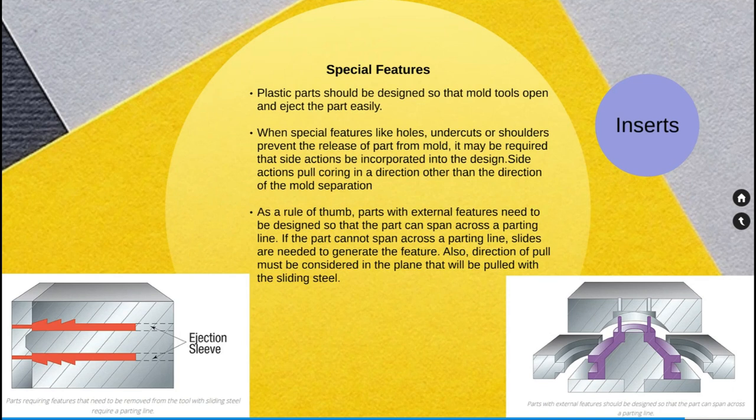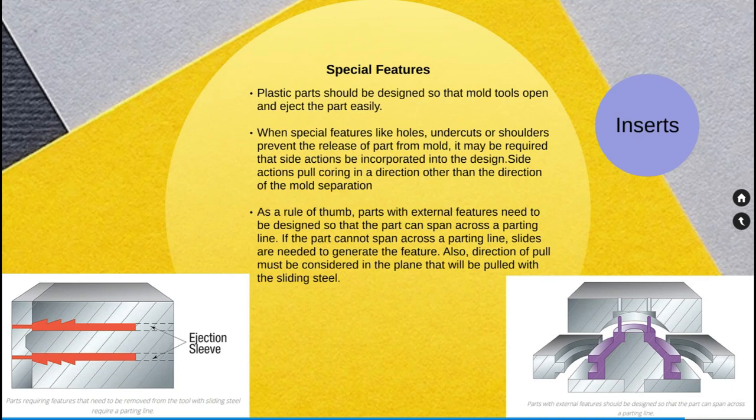The side actions pull coring in a direction other than the direction of the mold separation. So these extra features and side cores will help to create the cores and holes and other features, but eventually it increases the cost of the product because tool cost is going to be much higher.